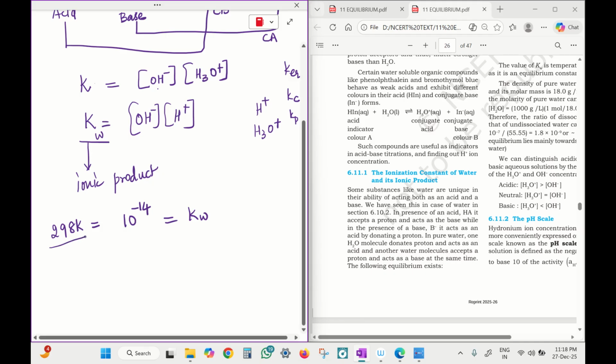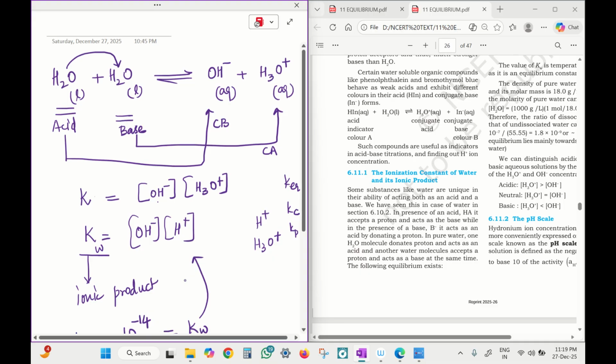So at 298 Kelvin, the Kw or the ionic product of water happens to have a measure of 10 to the power minus 14. So if you substitute this value into the equation, what we get is 10 to the power minus 14 is equal to the product of H plus ion concentration into OH minus ion concentration.